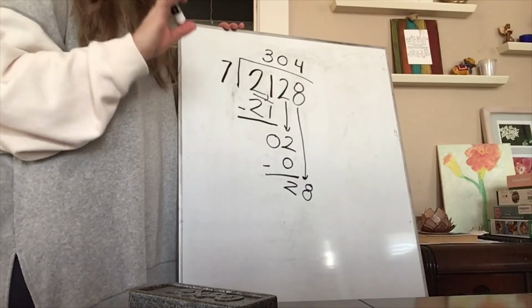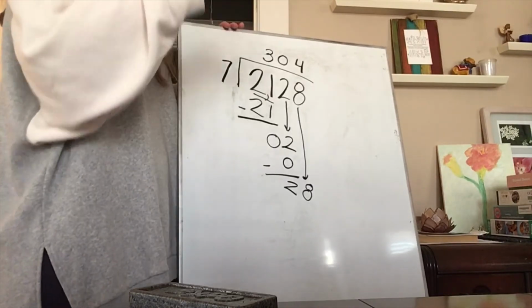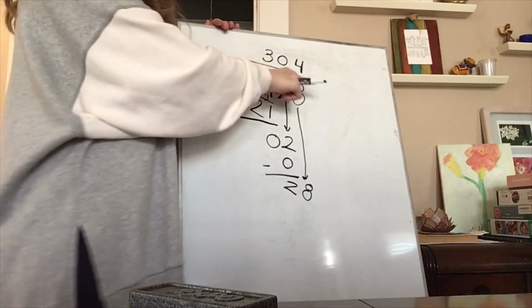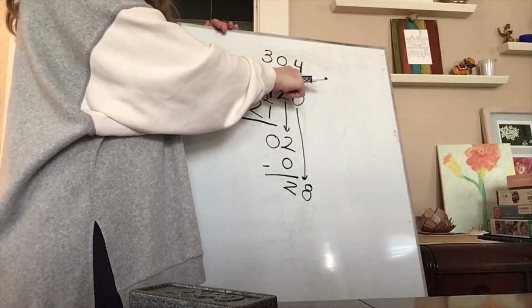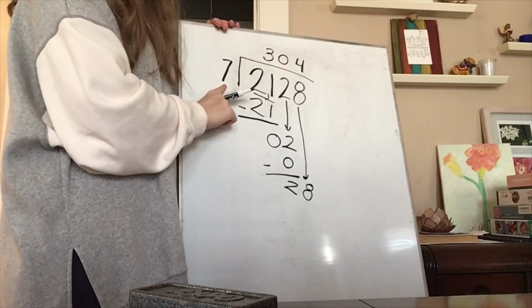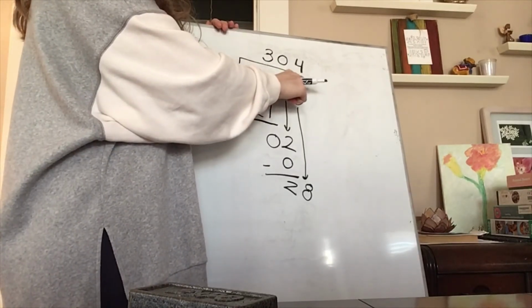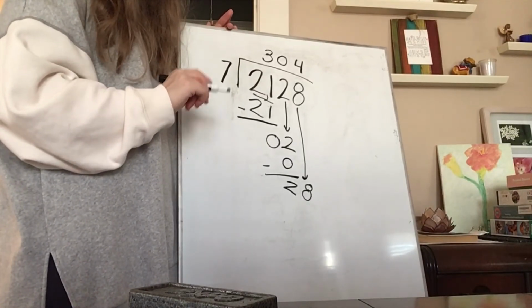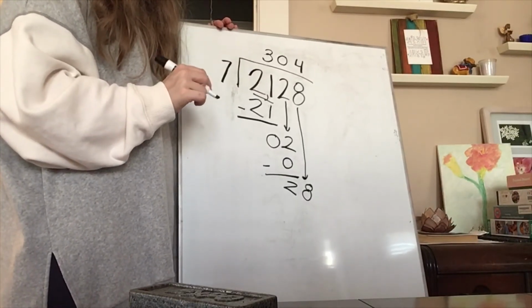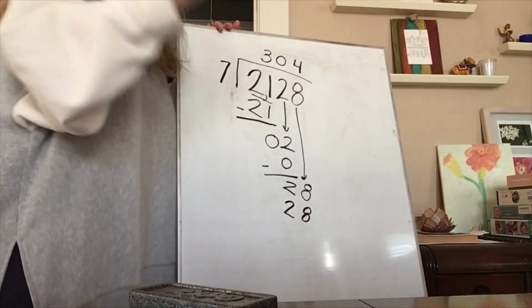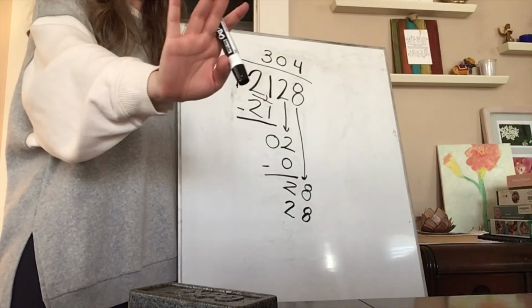Remember, the words to multiplication never, ever change. We're multiplying the digit we just got by our divisor. Good. So we multiply the digit we just got, 4, by our divisor. Kingston, 4 times 7 is 28. We're going to line that up with our new dividend.